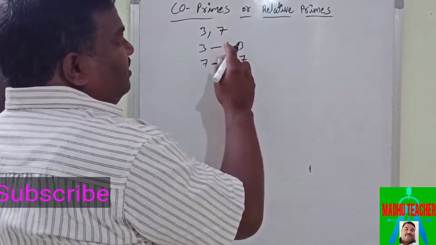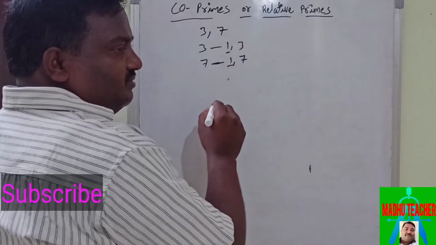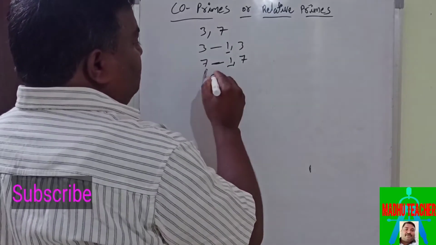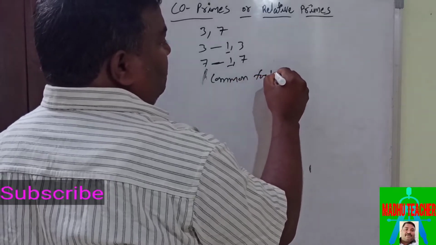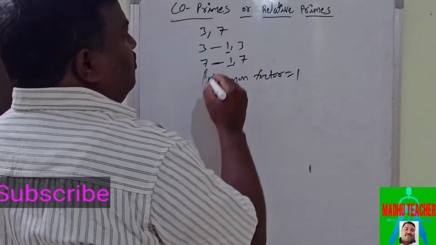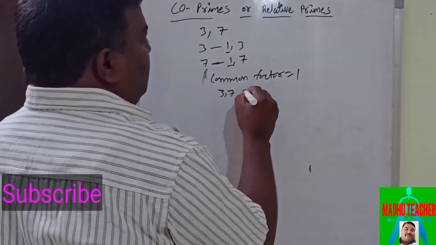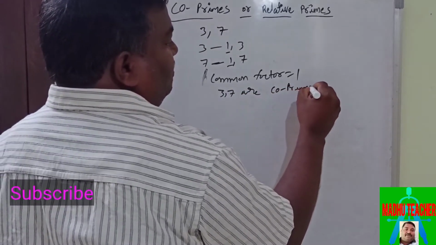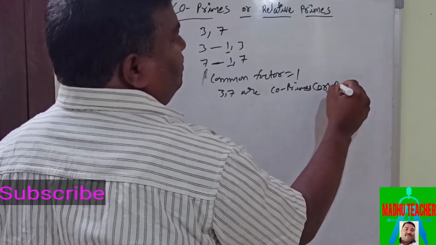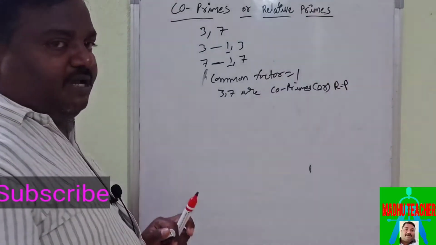What is the common factor? 1 is the common factor. Therefore we can say that 3 and 7 are co-primes, or relative primes.